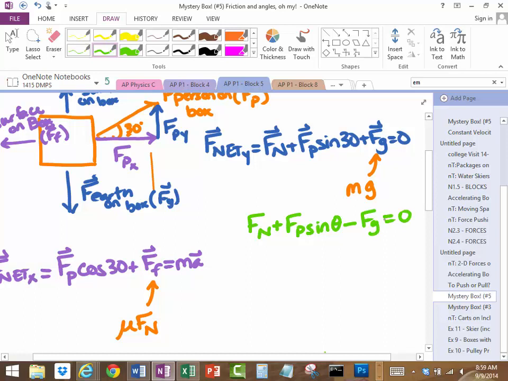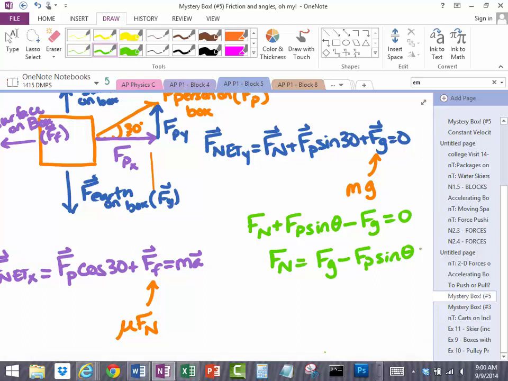So then when I solve for Fn, Fn is equal to Fg minus Ft sine theta. Is that okay? Because it started out negative. So what did you get?